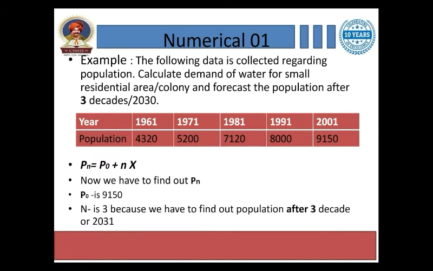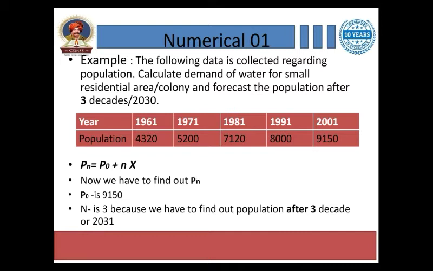Then we will understand it by solving a numerical. So write down this example in your notebook. The following data is collected regarding population. Calculate the demand of water for a small residential area or colony and forecast the population after 3 decades.